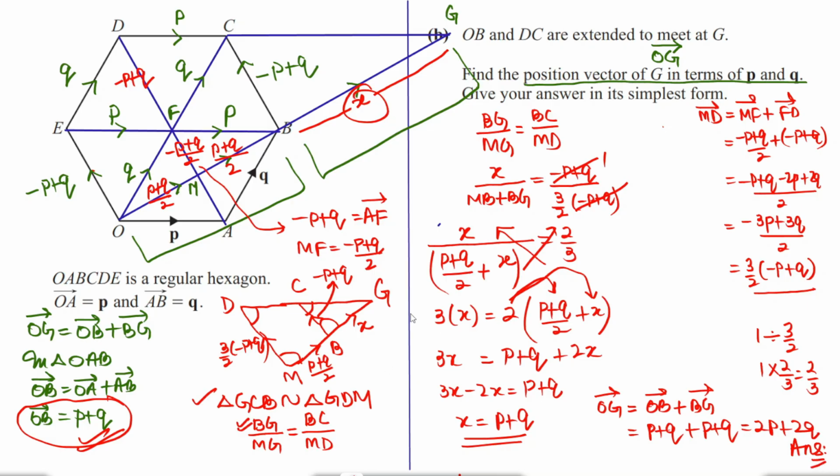Okay, so this is a quite difficult level problem, so we have to work hard. We have to practice 2, 3, 4, 5 times, because if you understand this question, I think the whole vector topic is done by solving these kinds of problems.